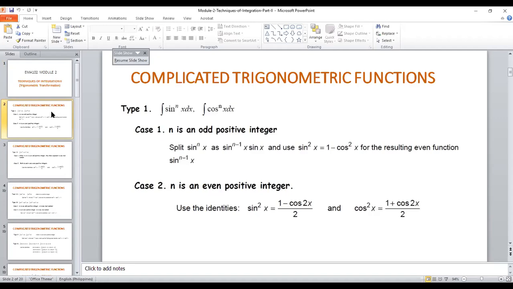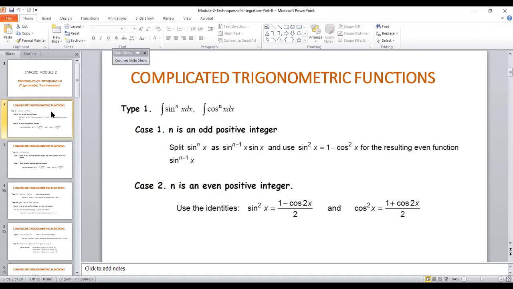Meaning, transform it first into a form wherein you are now ready to integrate the trigonometric expression based on the formulas that were provided to you on the first module. And that is the formula on the integral of simple trigonometric functions. So you need to first have it transformed.